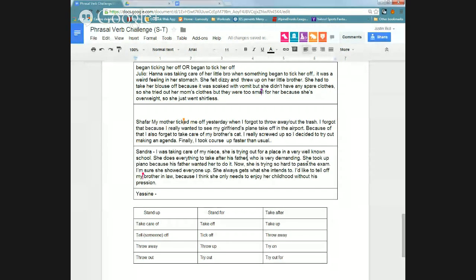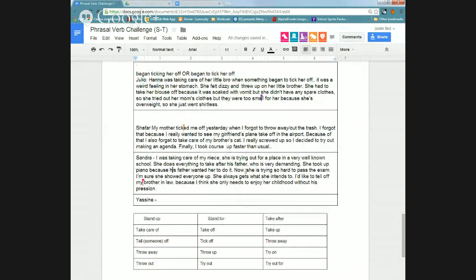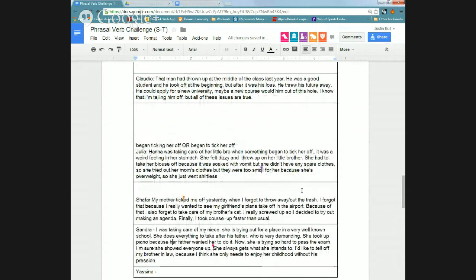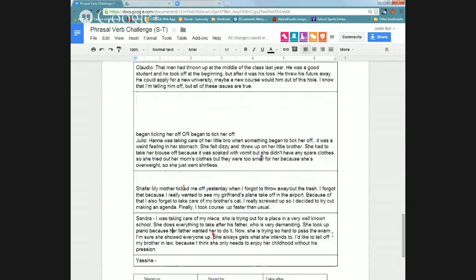Who is very demanding. She took up piano because his father wanted her to. Okay. Now she is trying so hard to pass the exam, I'm sure she showed everyone up. Good. She always gets what she intends to. I'd like to tell off. You have to tell someone off, remember, okay? So who are you telling off? I tell my brother-in-law. Yep, my brother off. Oh, tell him off, my brother-in-law. Never mind. I wasn't reading in advance.